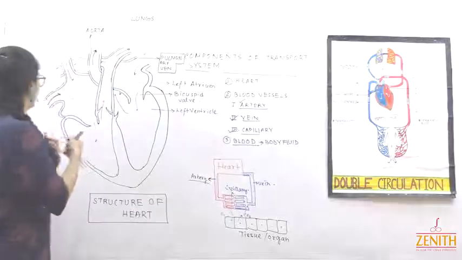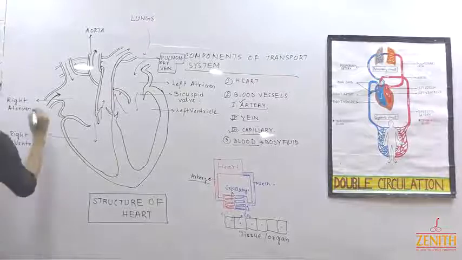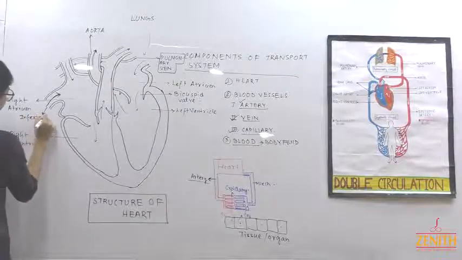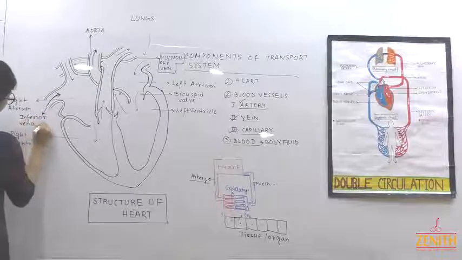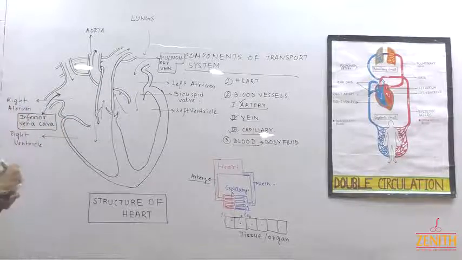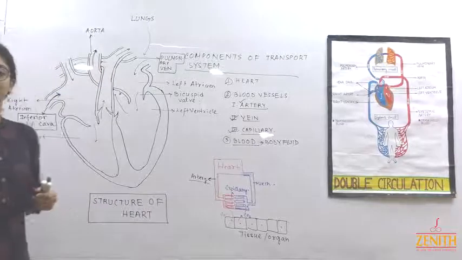When it is taken from the lower portions of our body, it will be taken by a vena cava, which is called the inferior vena cava. So this inferior vena cava is taking the deoxygenated blood from the lower parts of our body.